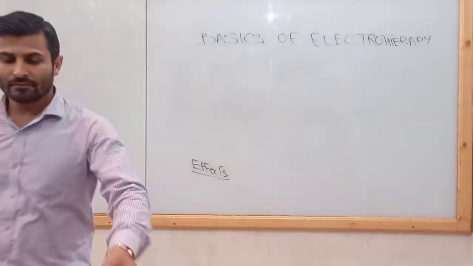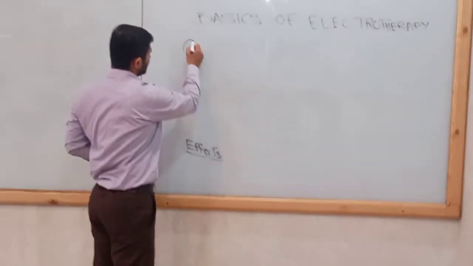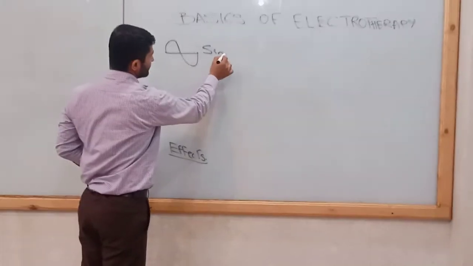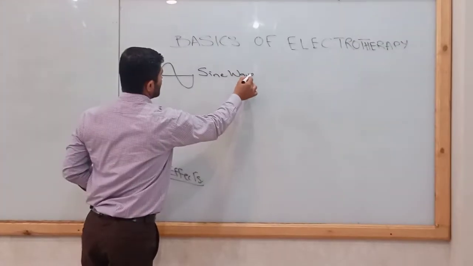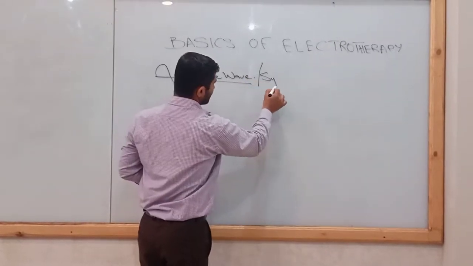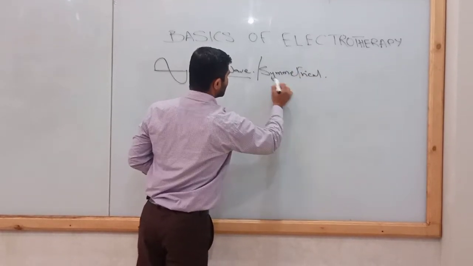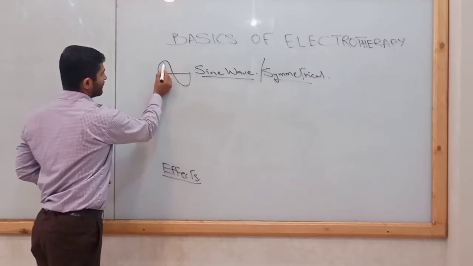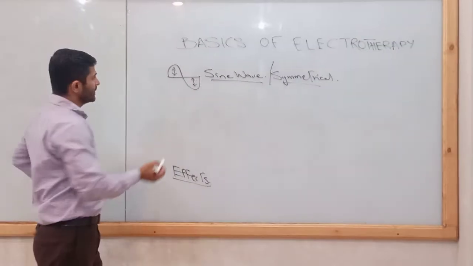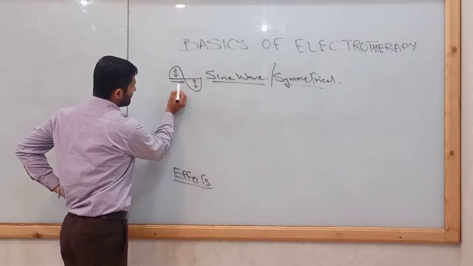So the wave is, first of all, called a sine wave, and this is symmetrical. It means that the upper half and the lower half are the same in terms of amplitude as well as wavelength.